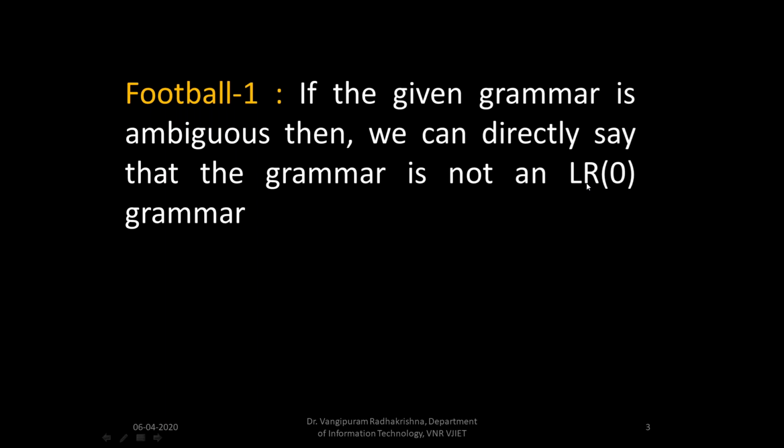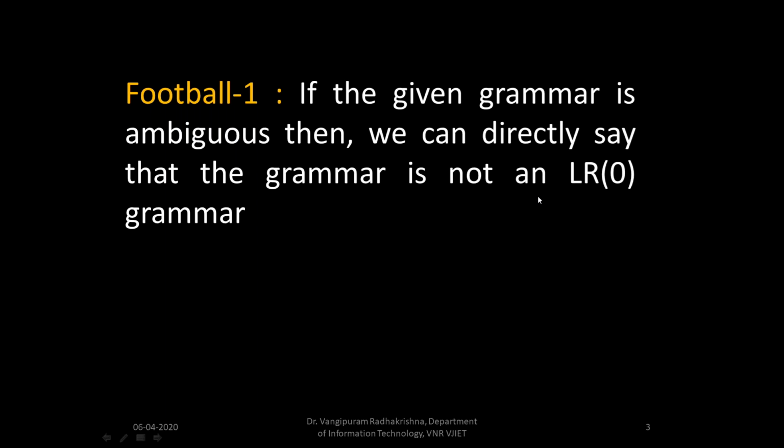So, this football does not work in the converse direction, but is only restricted to the property of ambiguity. Provided that the grammar is ambiguous, declare that the grammar is not an LR0 grammar. If the grammar is not ambiguous, don't come to the conclusion that it is an LR0 grammar.